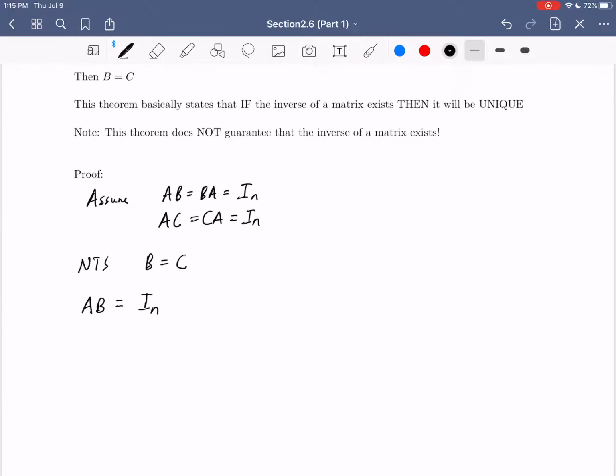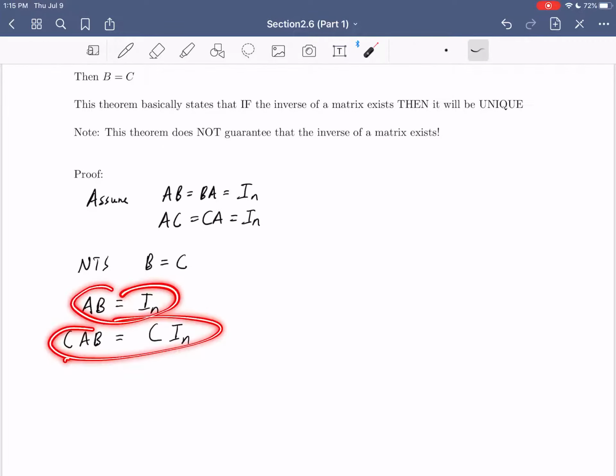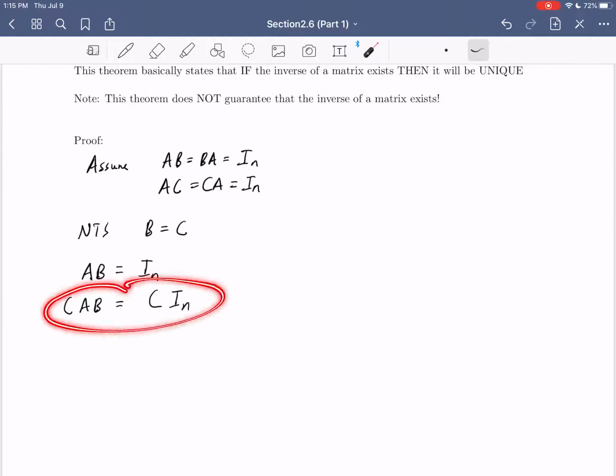So let's multiply both sides by C, and we'll do this as a left multiplication. So we would get CAB equals C I_n. If this is valid, then certainly multiplying both sides on the left by C, because remember, matrix multiplication is not commutative, so you have to multiply on the appropriate side. Okay, so this would definitely be true.